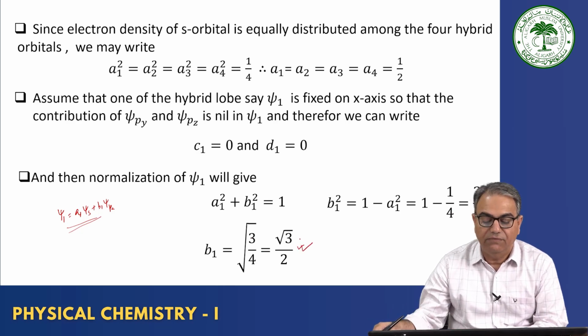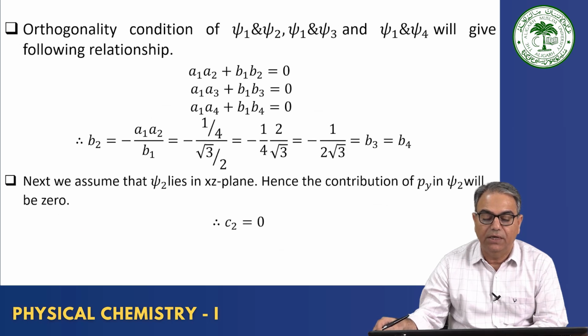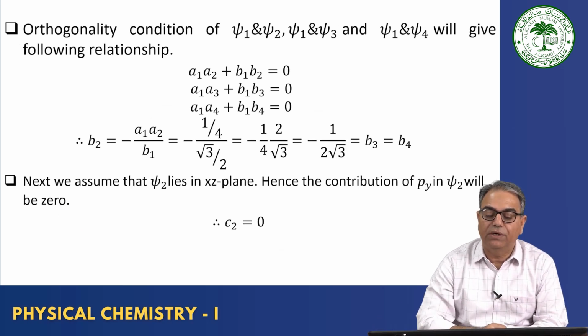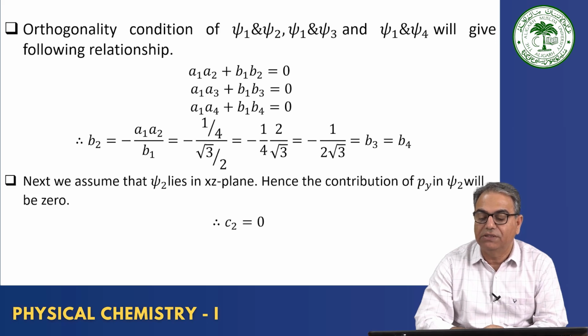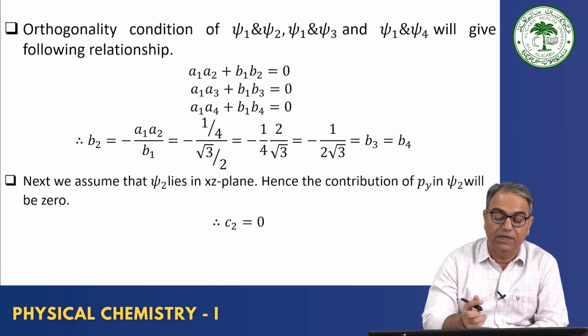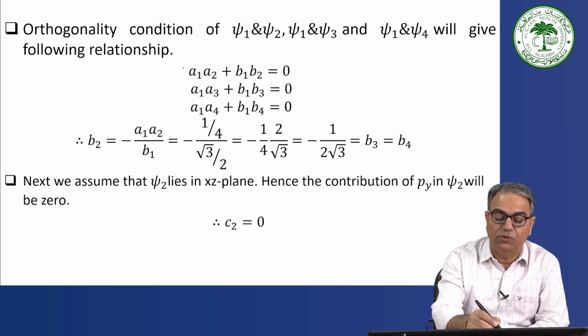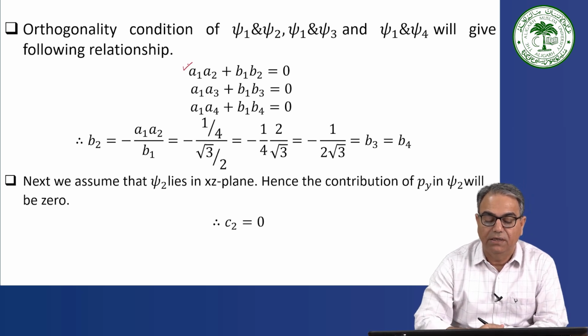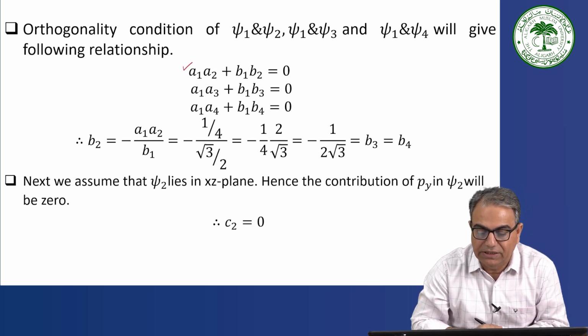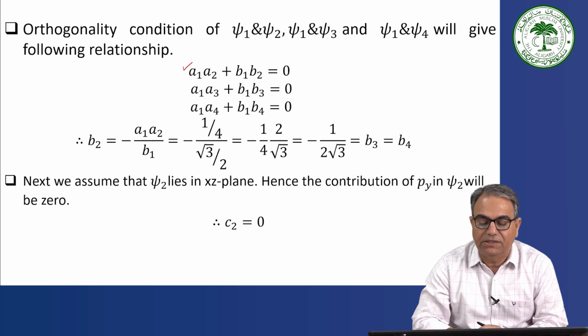Okay. Then what we say is that one of the lobes is along the x-axis, remember that. And then you use the orthogonality condition of psi 1, psi 2, psi 1, psi 3 and psi 1, psi 4. How do we get this relation? We did it in sp2 hybridization. So again I will not do those details. You can see that if you write the two functions psi 1 and psi 2 and you write the orthogonality condition, you get this equation: a1 a2 plus b1 b2 is equal to 0, a1 a3 plus b1 b3 is equal to 0, a1 a4 plus b1 b4 is equal to 0.